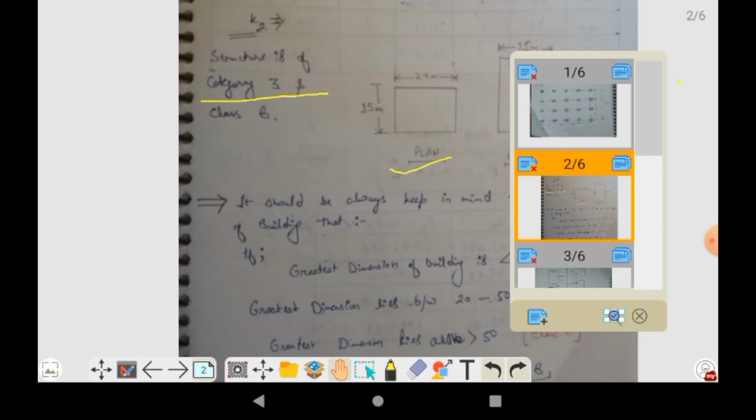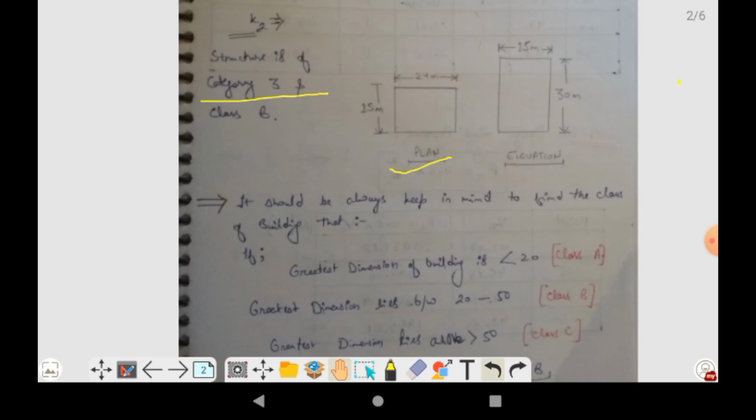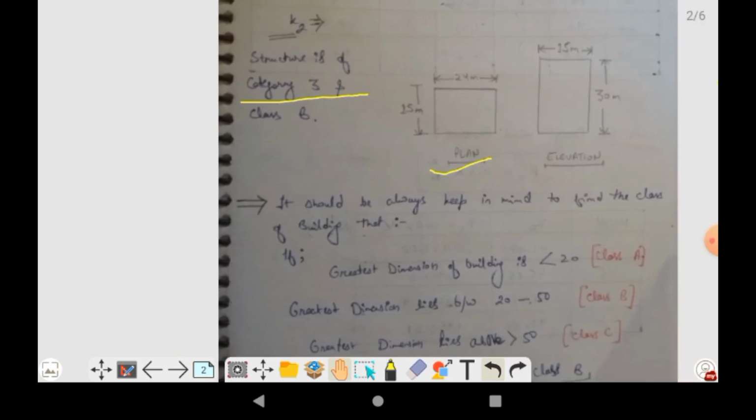As we have known the category of this building, that is 3, and the height is 30 meter, and the class of this building is B. So from the code we can find the value of k2.